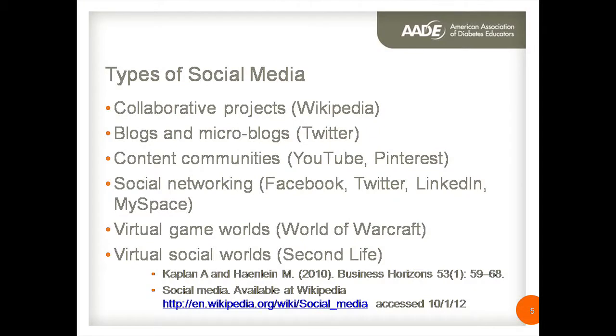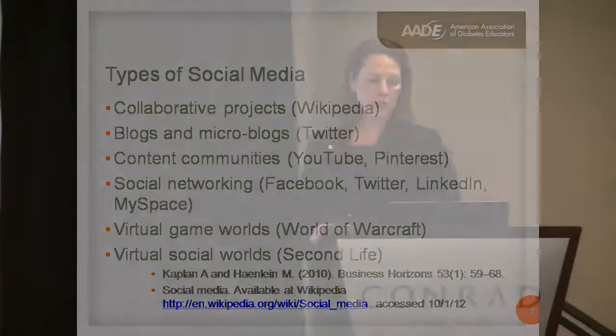So if you put down your diabetes educator journal for a little bit, you can wander over to the Business Horizons journal, or you could do what I did and Google it, and come up with this different categorization of social media. So starting with collaborative projects such as Wikipedia, where again you can add and take away, and different people can do those sorts of collaborations.